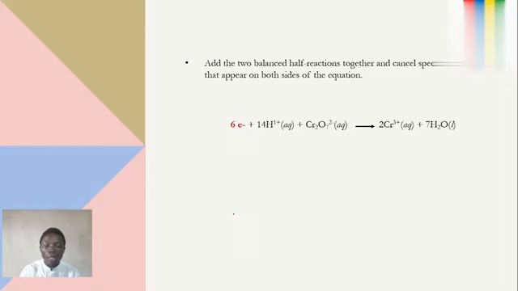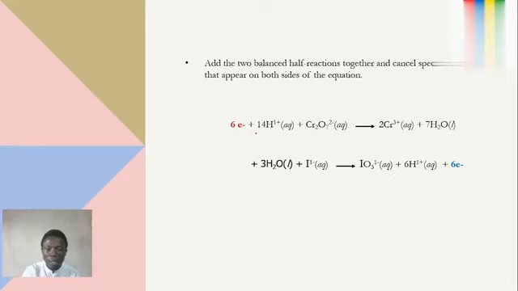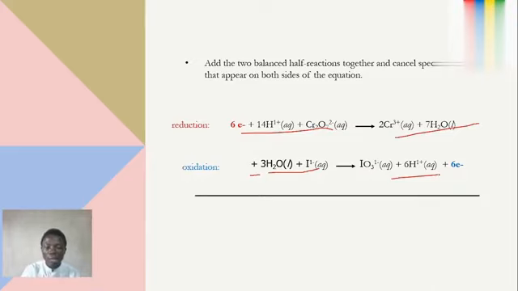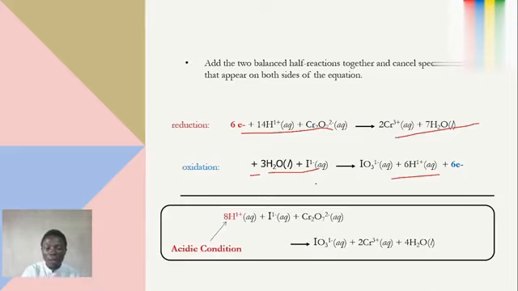So this is reduction plus oxidation. What that means is that the whole of this plus the whole of this, and then the whole of this plus the whole of this. Are we together? Good. When we do that, you can see that this is what we are going to have.